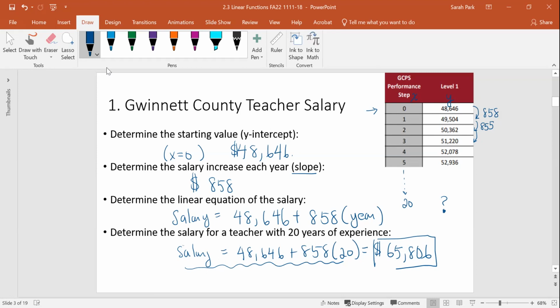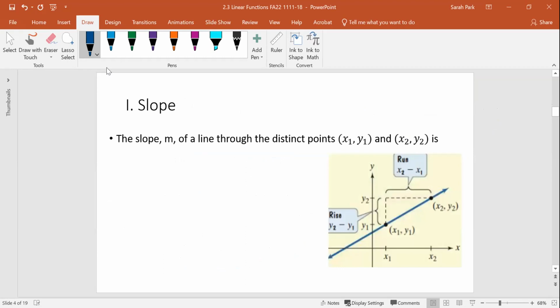So let's go into the formal definition of slope. Here, the slope, we can say this is a change, measuring the change of a line. The slope m of a line through distinct points x1, y1, and x2, y2 is, we use the variable m, y2 minus y1 over x2 minus x1.